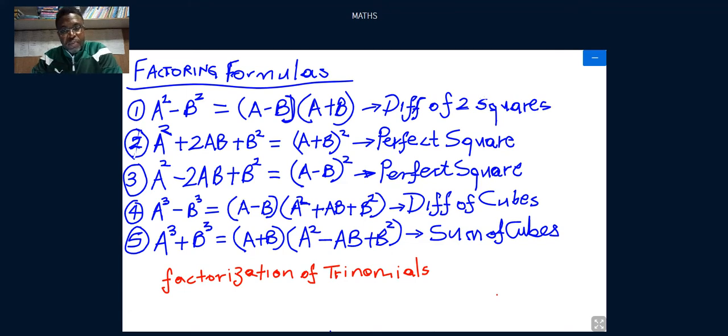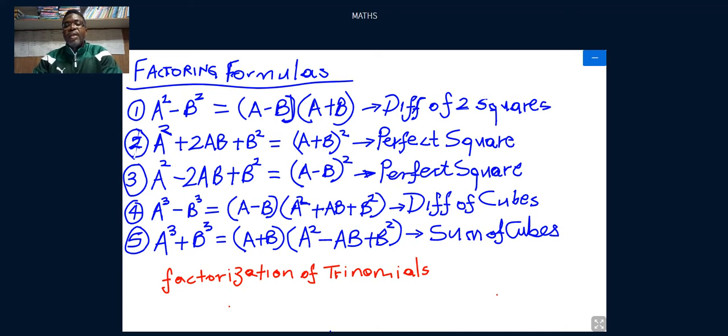Number 4. Here we're talking about difference of two cubes. Difference of cubes. So a cubed subtract b cubed is equal to a difference of a and b into a squared plus ab plus b squared.